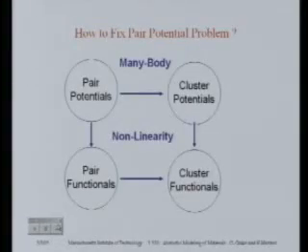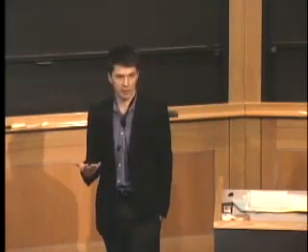Okay, so how do you fix the problem? If you look at the literature of empirical models, there are essentially two avenues to go. You can either make what's called cluster potentials, so if you don't like a two-body potential, you can make a three-body potential.